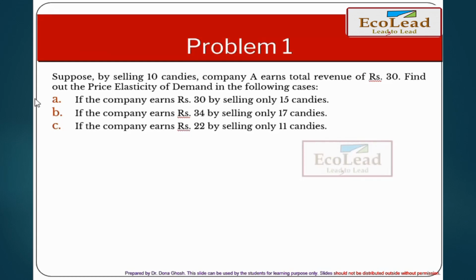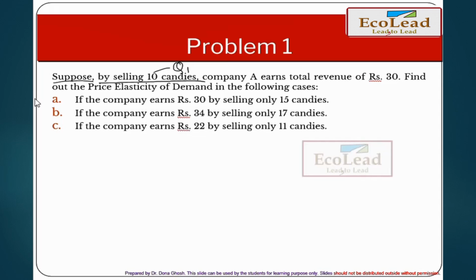In this video, we will try to solve a numerical problem on the price elasticity of demand. So, let us first read the problem. Suppose by selling 10 quantities of candies, here it is Q, the initial Q. So 10 quantities means 10 candies.